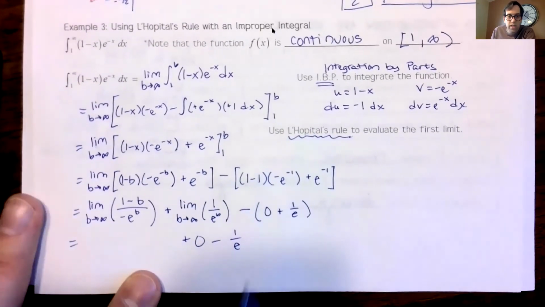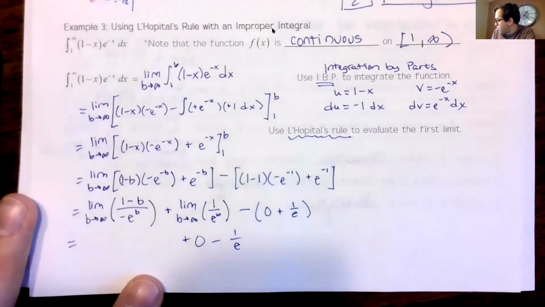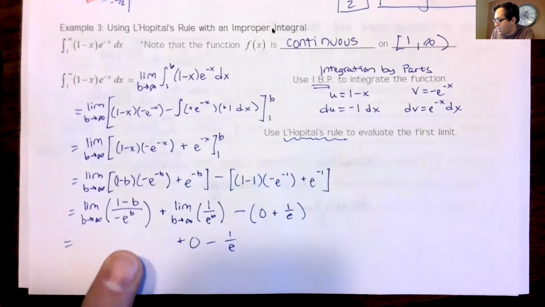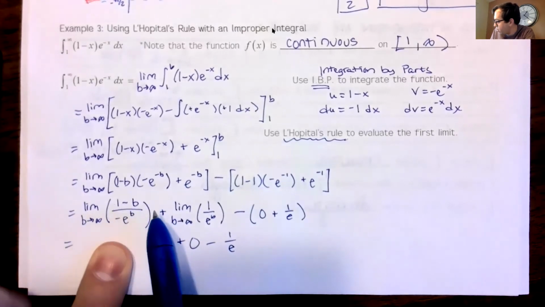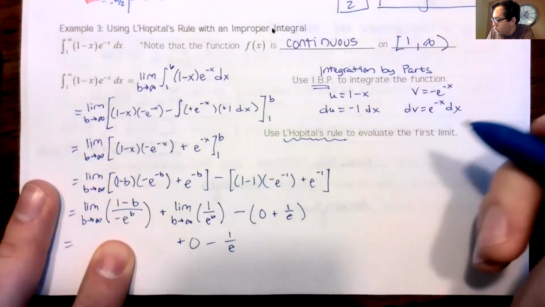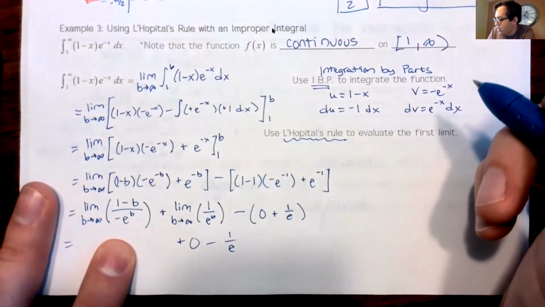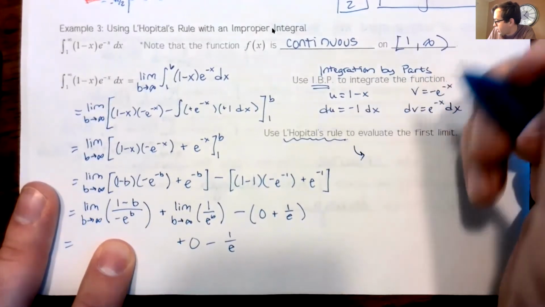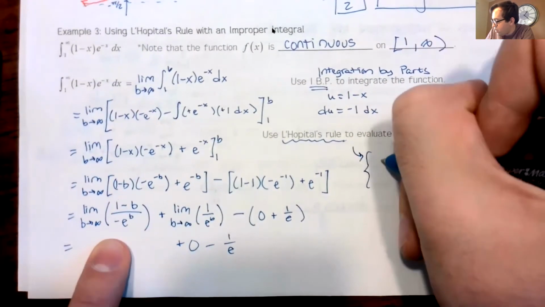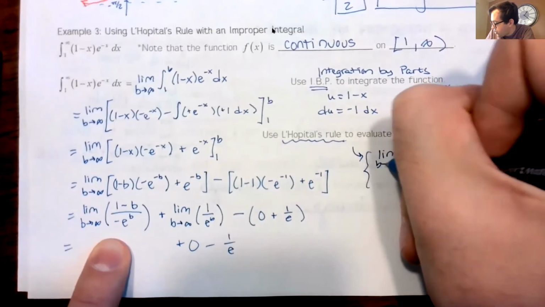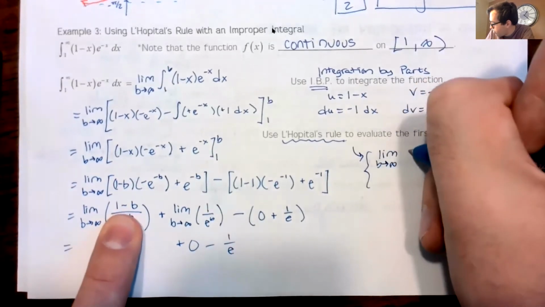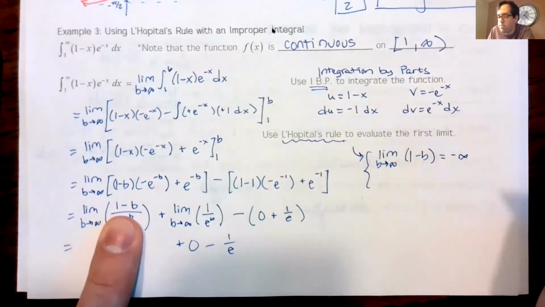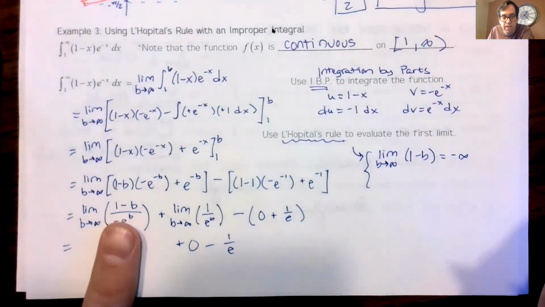So we're going to use L'Hopital's rule to evaluate the first limit. So let's check this. We've got to check to make sure the limit of the numerator and the limit of the denominator are both some form of infinity. If we check the limit as b approaches infinity of the numerator, 1 minus b, well, 1 minus infinity, that's going to pretty much simplify to negative infinity.